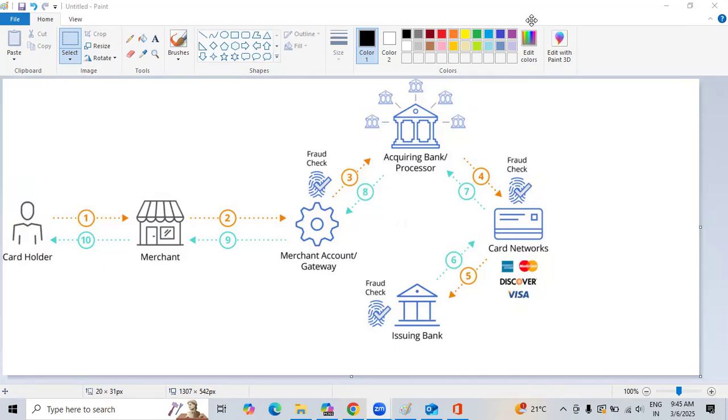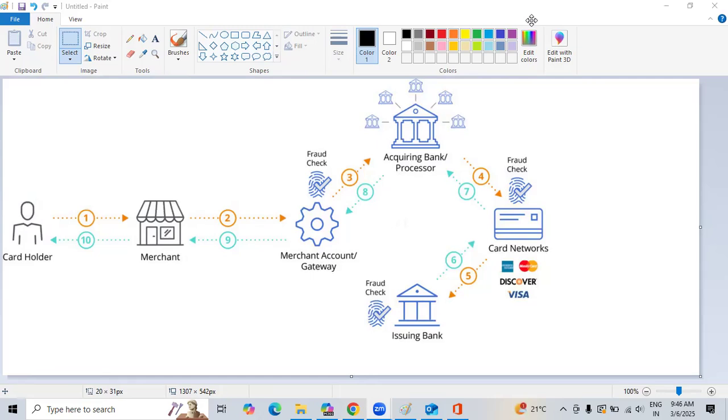In today's session, I'm going to discuss the transactional flow. When we try to understand the transactional flow, we need to identify an important component, the gateway, which captures the transaction request, encrypts the payment information, and routes it to the acquiring bank.